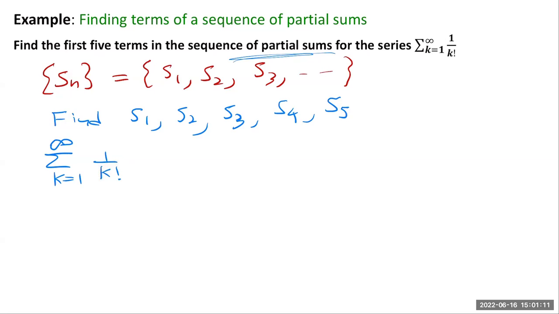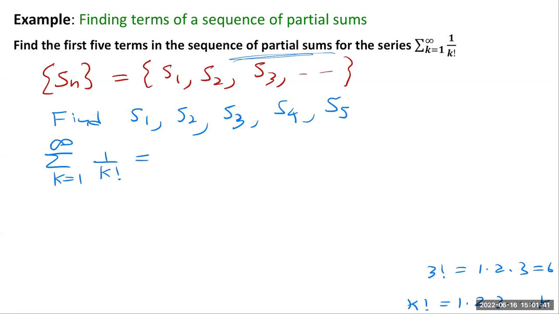Let me define the factorial k again here. k factorial is nothing but 1 times 2 times 3, all the way up to k. You take the product of the first k positive integers. So that's what we mean by k factorial. For instance, 3 factorial is nothing but 1 times 2 times 3, that is, of course, 6. All right. With that definition in mind, let's expand this one.